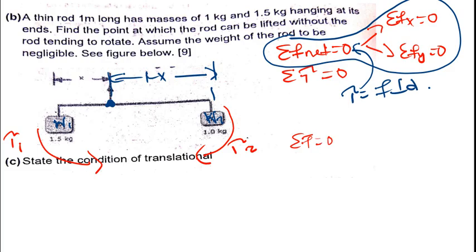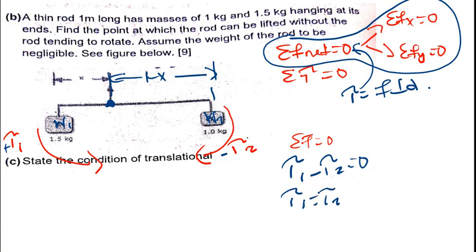What torque do we have? We have got this torque, so you can assign anything. You can say this should be positive, this should be negative, but you end up having the same answer even if you swap them. So T1 positive minus T2 being equal to 0, shift torque 2 to the other side, you have this.